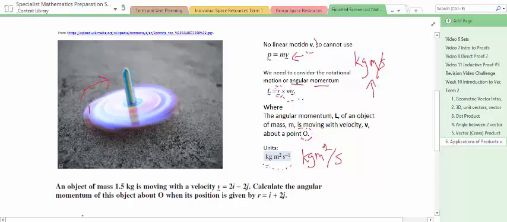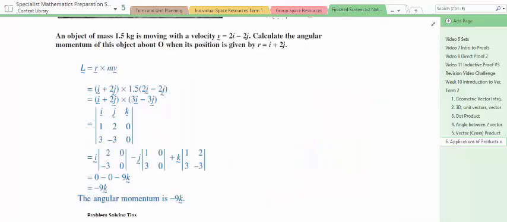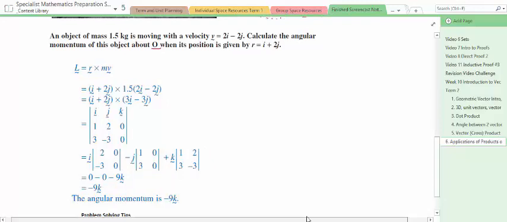So instead of kilograms meters per second, we've got kilograms meters squared per second. Let's look at an example. We have an object of mass 1.5 kilograms moving with a velocity given by that vector v. Calculate the angular momentum of the object about a reference point O when its position is given by that vector r, as you can see.